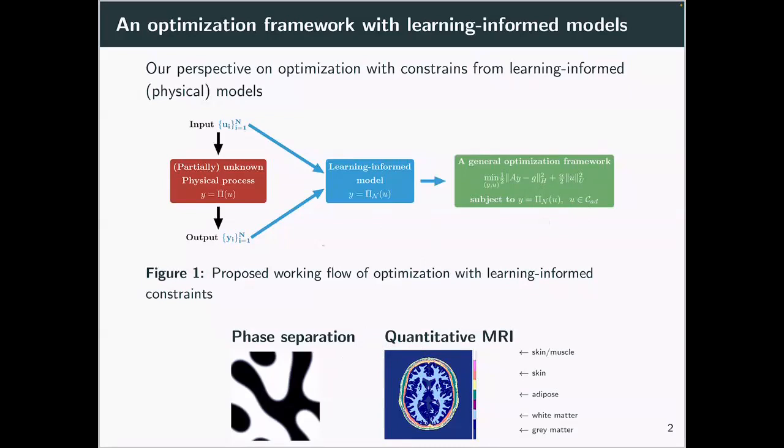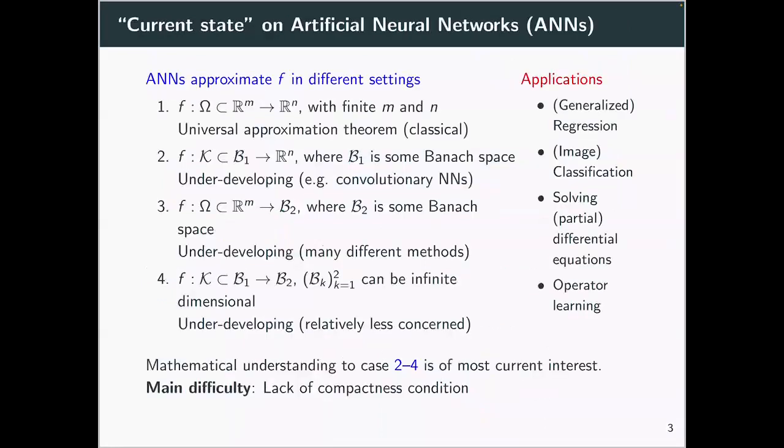Before I introduce the general framework in more detail, since I already mentioned there is a learning-informed operator involved, I will try to review the current state of artificial neural networks from the function approximation point of view.